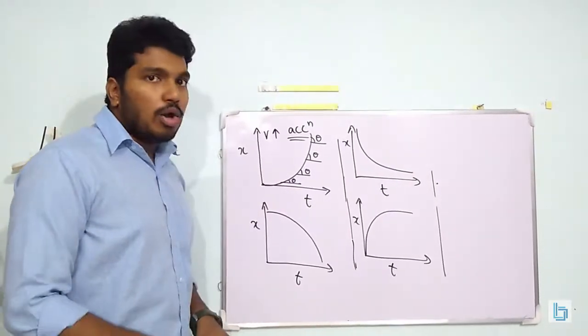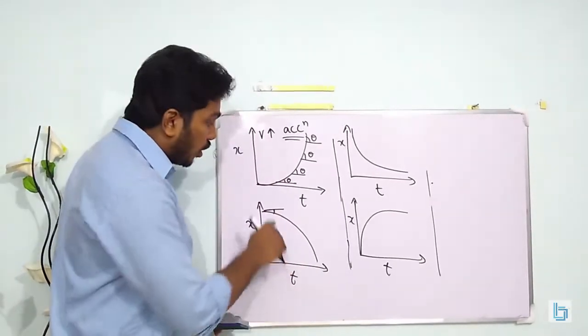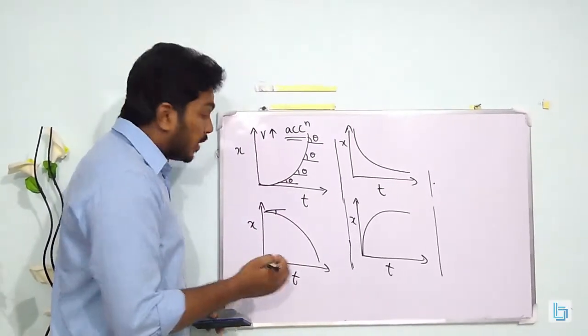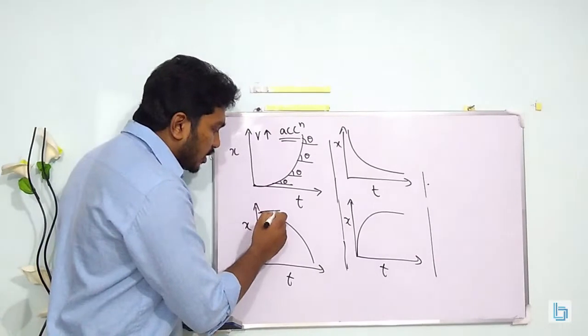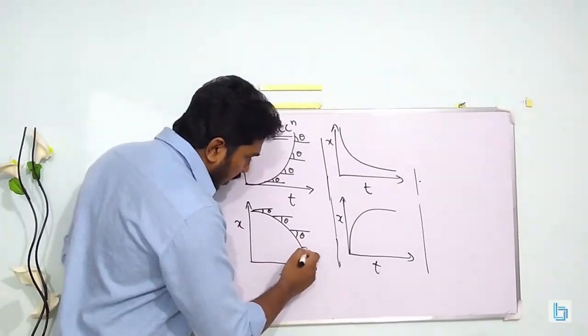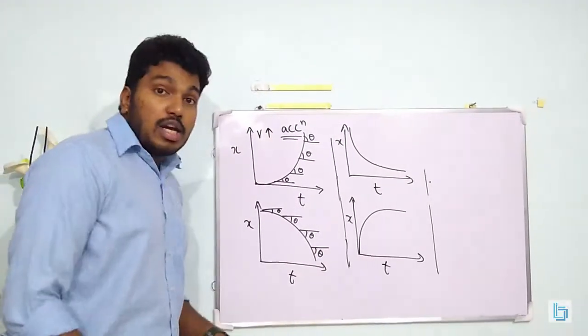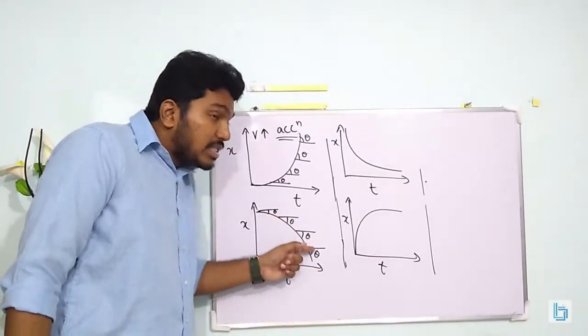Now, when it comes here, let us look at theta. Theta is the angle between the tangent to the motion and the horizontal. Here a small theta, here a bigger theta, here an even bigger theta, here a huge theta. Right? So what is happening here? Here also theta is increasing.